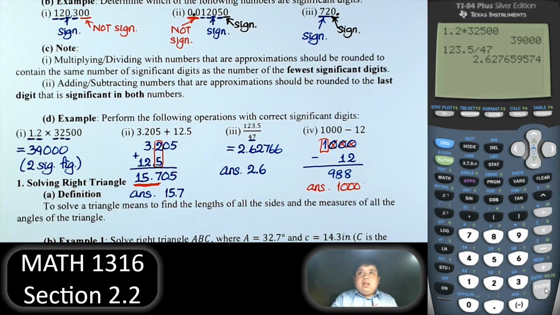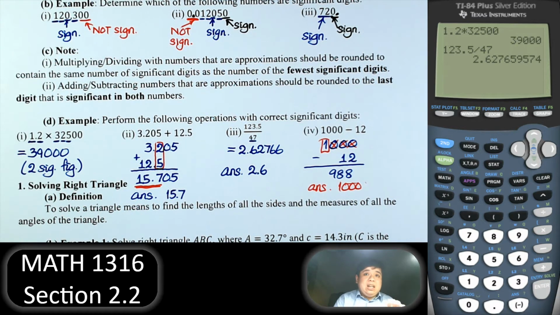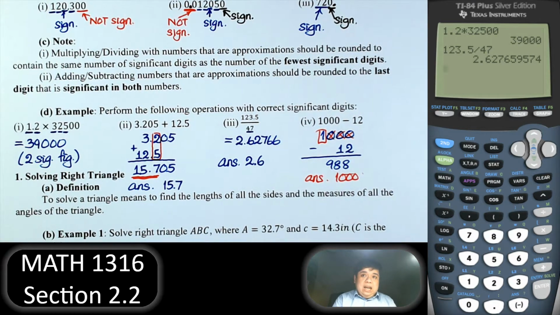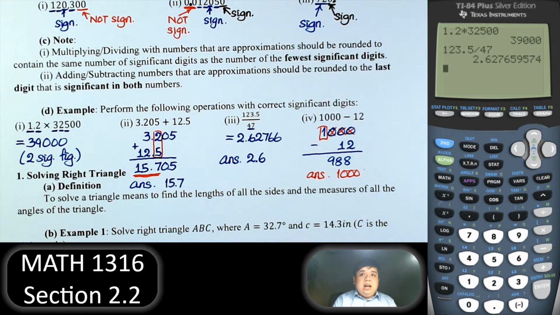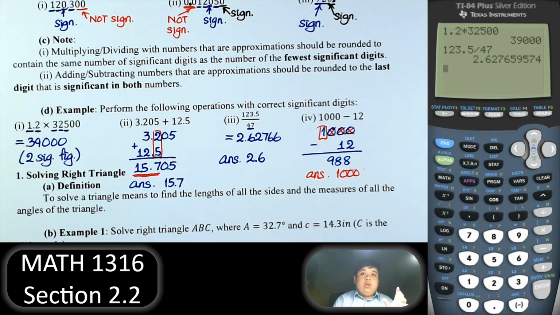In terms of calculation, we keep every calculation in the calculator, and we only round at the end of the answer, even though we might write intermediate values on the paper.